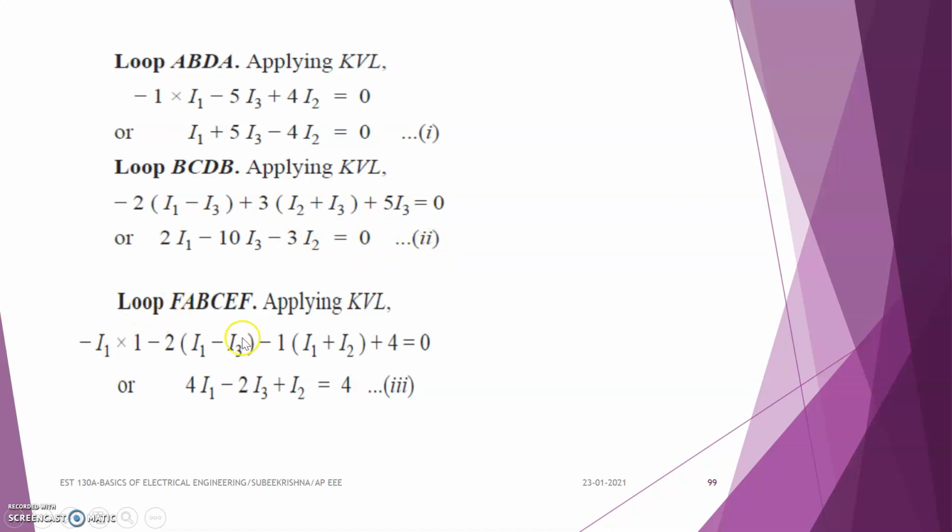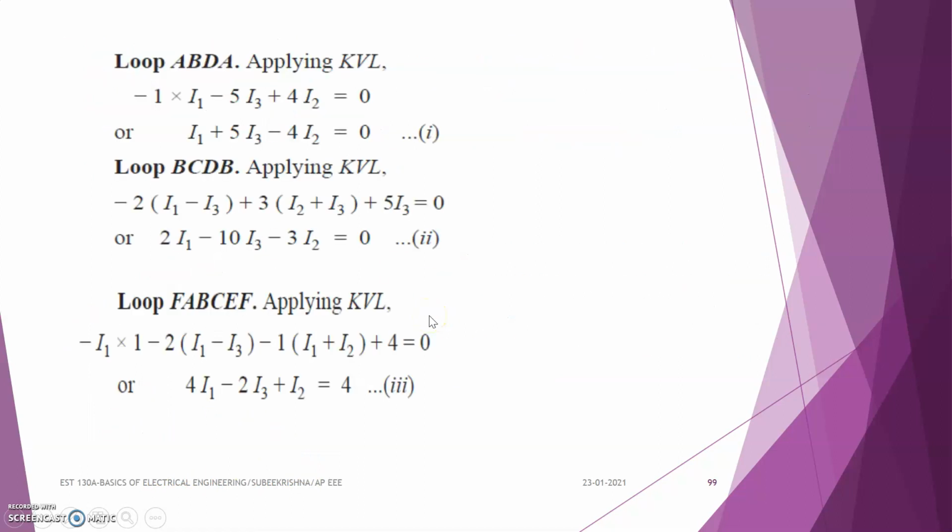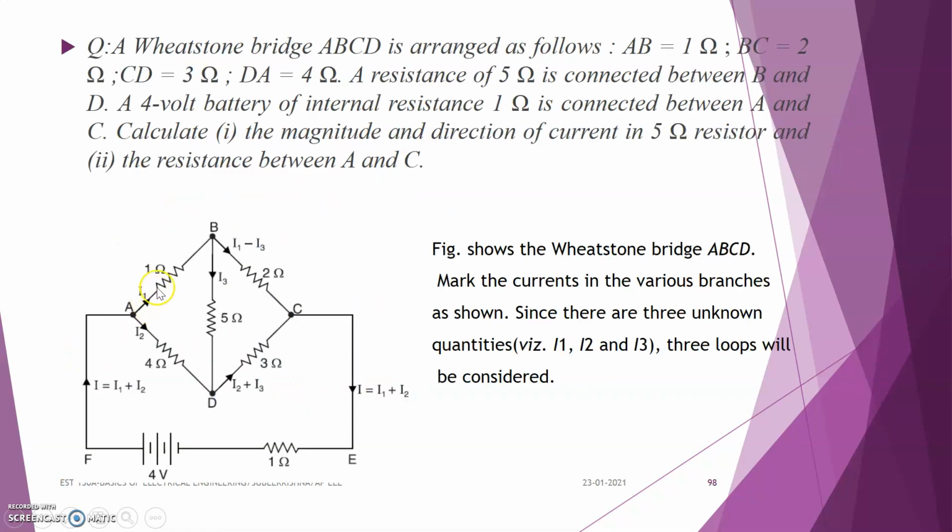And for the third loop, that is F, A, B, C, E, F, which contains this voltage source and also this resistor. So here we can write the equation like minus I1.